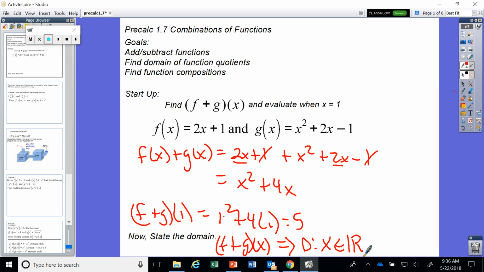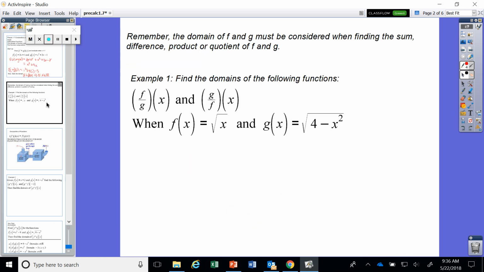All right, guys, let's continue to push forward a little bit and think about what are some other ways that we can combine functions together. Remember, the domains of f and g actually do have to be considered when finding the sum, the difference, the product, or the quotient of f and g.